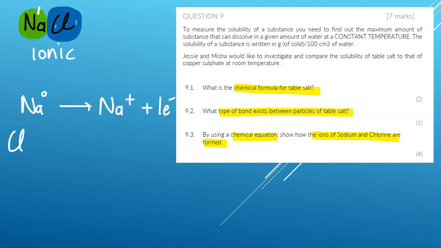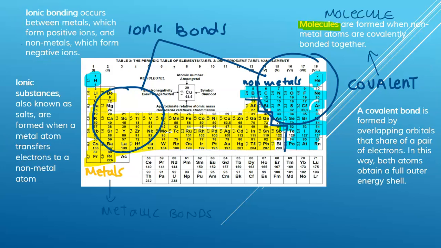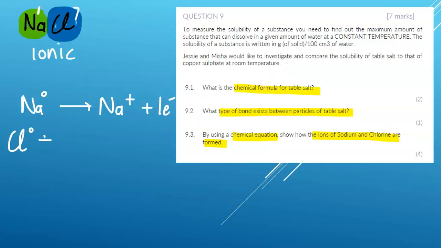Chlorine, on the other hand, she has 7 valence electrons already, but she really wants 8, because then she can look like argon, which is the next noble gas in front of her. So chlorine will rather go and look for 1 extra electron somewhere so that she can become Cl-. And these are the 2 equations that they're looking for.